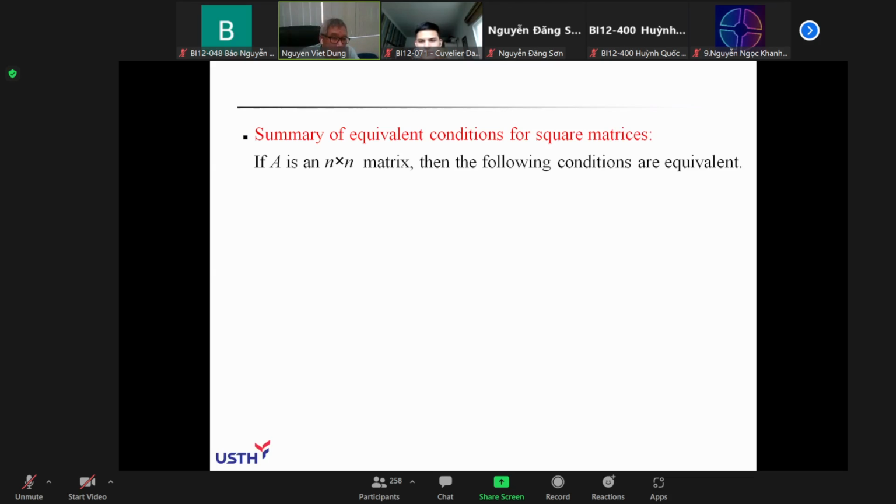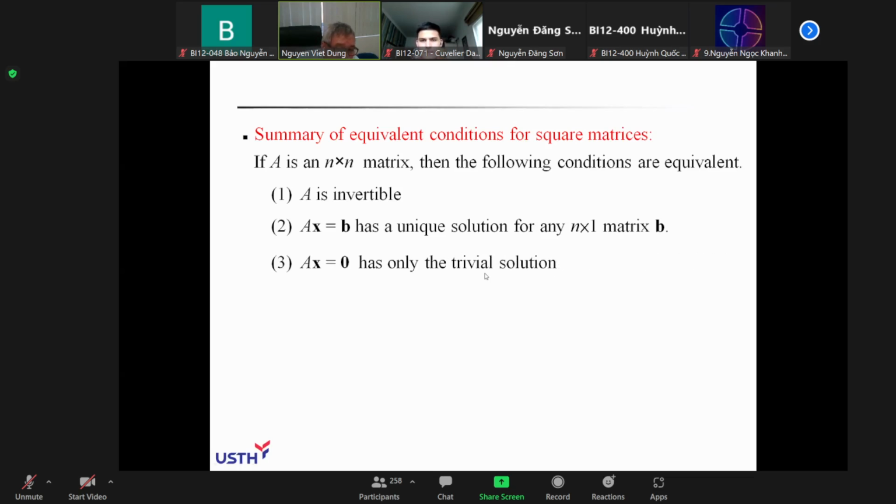Just only in the case A is a square matrix. The first claim says that A is invertible. The second claim says that AX equals B, that system of linear equations, has a unique solution for any column matrix B. The third claim says that AX equals 0 has only the trivial solution.